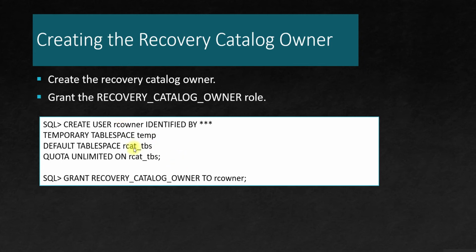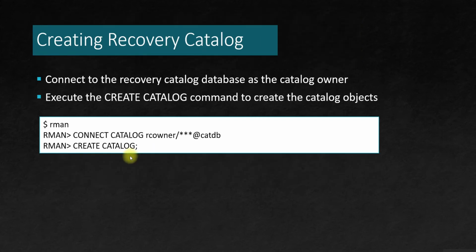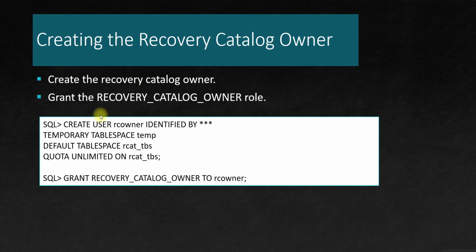So two steps completed. We have created a tablespace and we have created a recovery catalog owner. Next step will be creating a recovery catalog. So what will this recovery catalog do? You need to connect to a recovery catalog database as a catalog owner. So we have created in the previous step our RC owner.